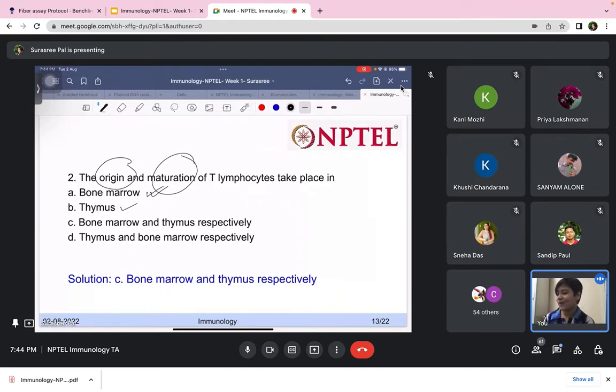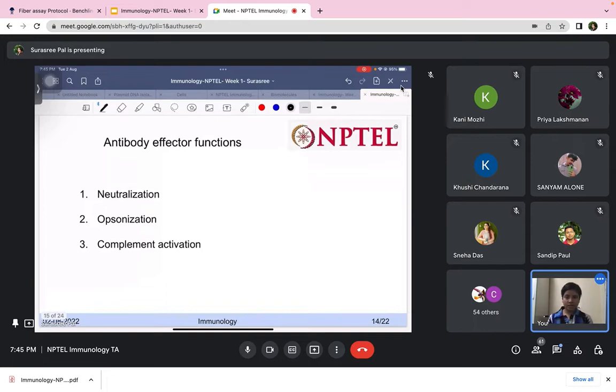These two options are incomplete, as the origin takes place in the bone marrow. Therefore it goes to option C, which is the site of origin and maturation of T cells: bone marrow and thymus respectively. All right, moving on.